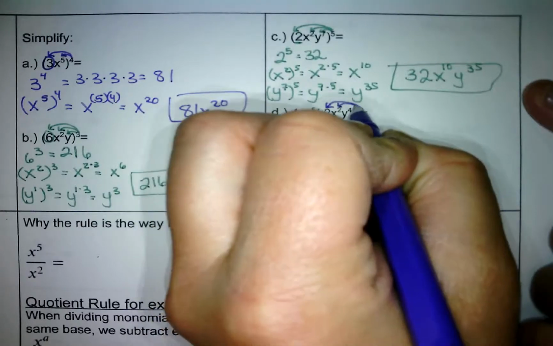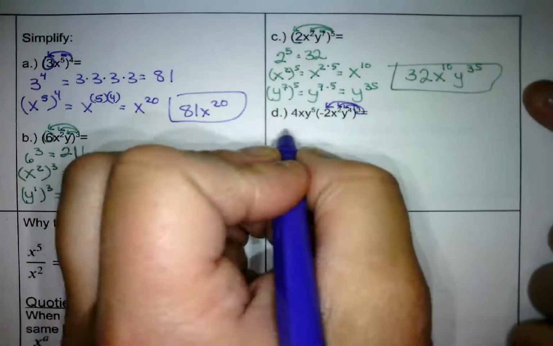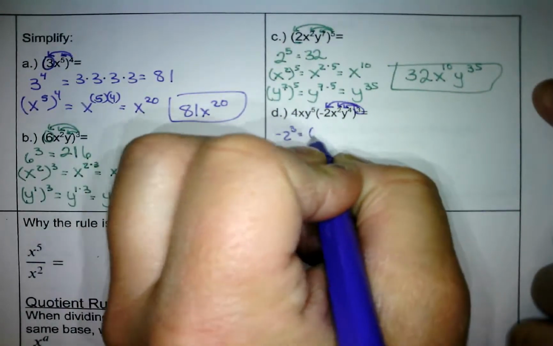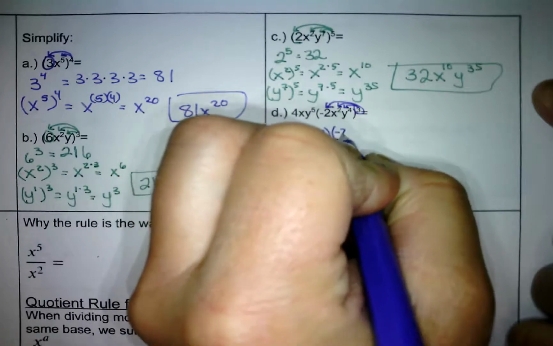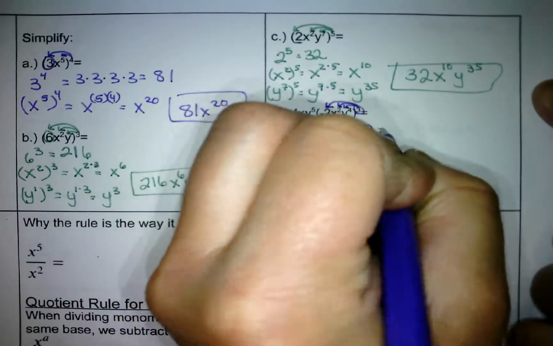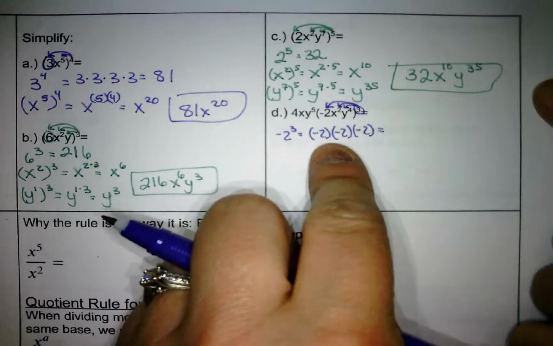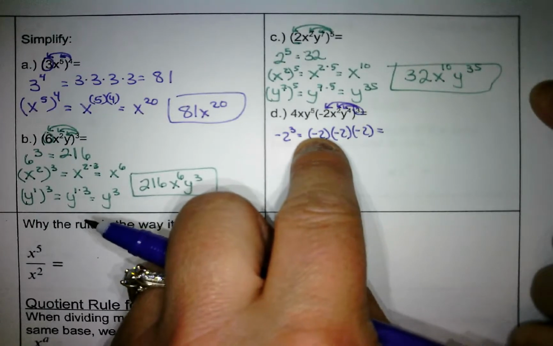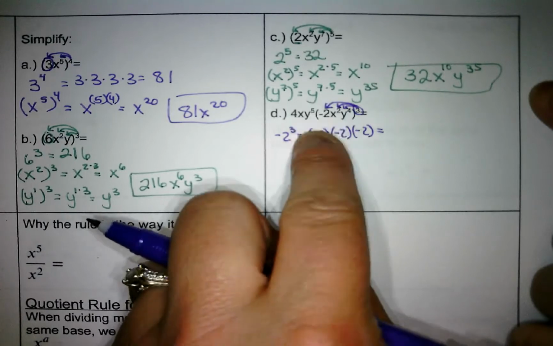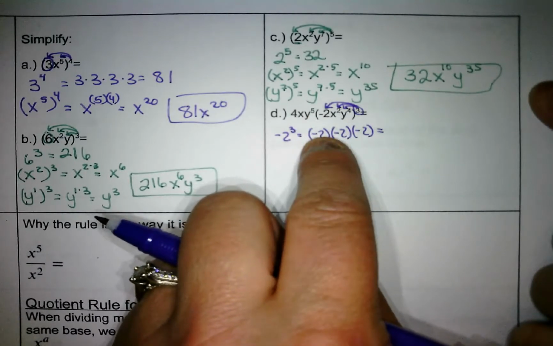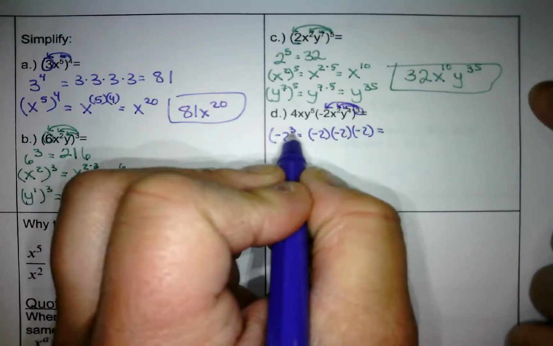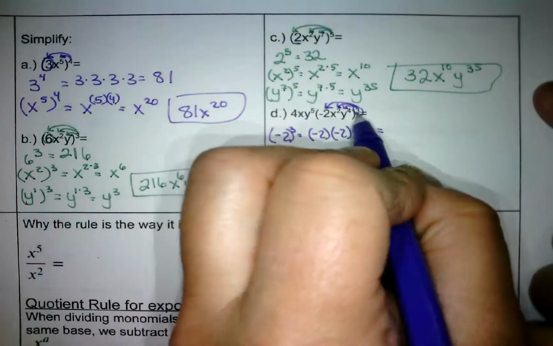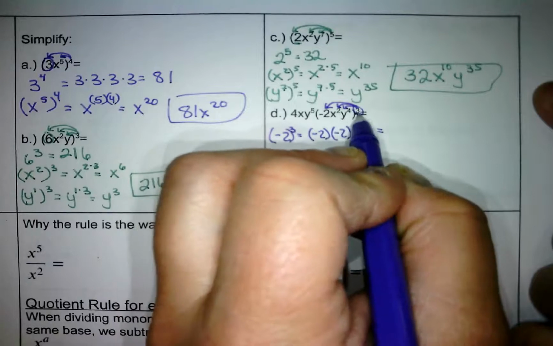Okay, so we're going to do negative 2 to the 3rd power, which means negative 2 times negative 2 times negative 2. Now be very careful if you type this into your calculator. You have to have that negative sign inside parentheses. Otherwise, it is not going to work right. But really, anytime you have a negative number to an odd power, it's going to wind up being a negative number.